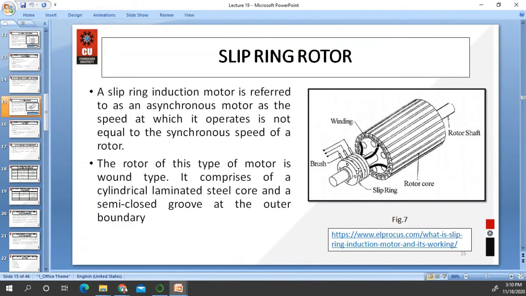When you control the speed, some friction is produced in the slip ring and brushes. When friction is produced in a component, that will cost you. If there is no friction and you are not using these parts, no maintenance cost will be there. When friction is produced, you have to replace these slip rings or brushes after some time, because they will wear from the shaft position.